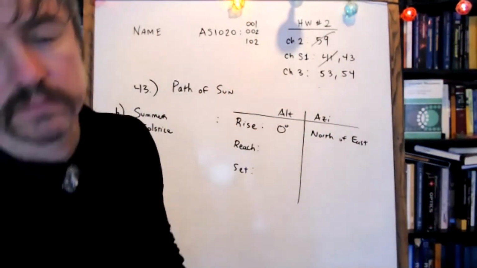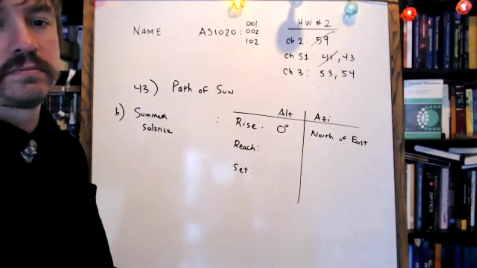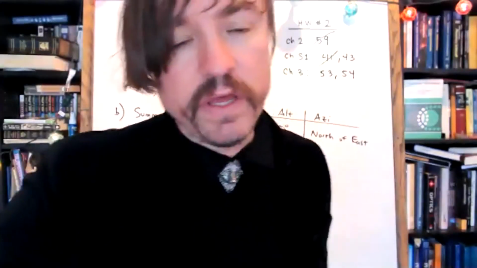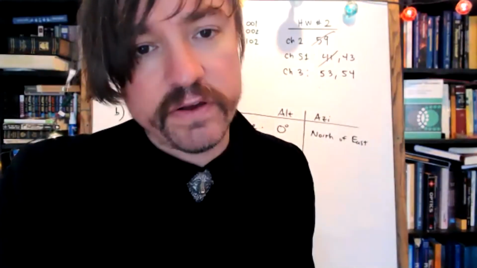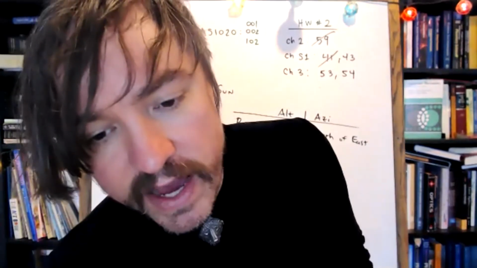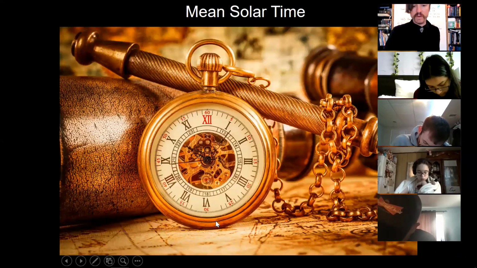Just information on letter A, it also specifies the September one. Are you going to do that eventually? The spring equinox and the fall equinox are the same. Oh, okay. So yeah, I should have probably explained that.